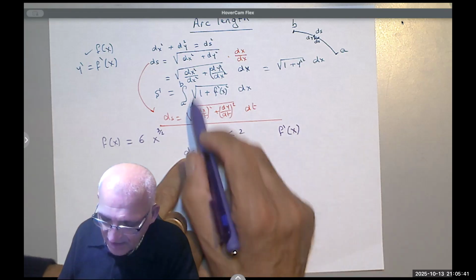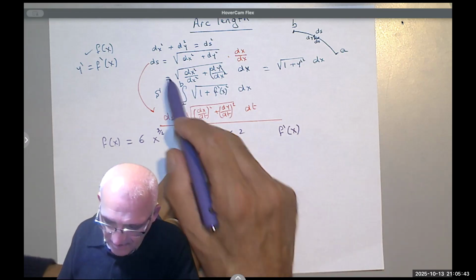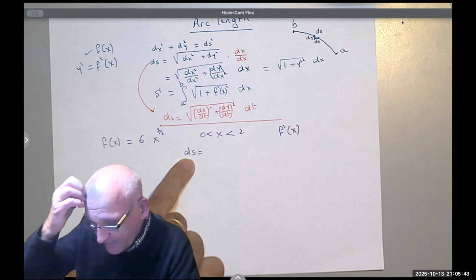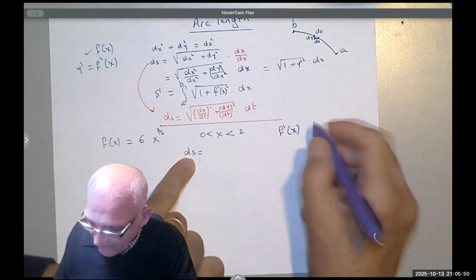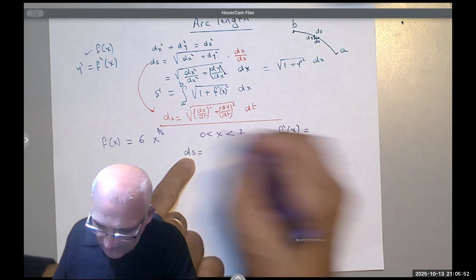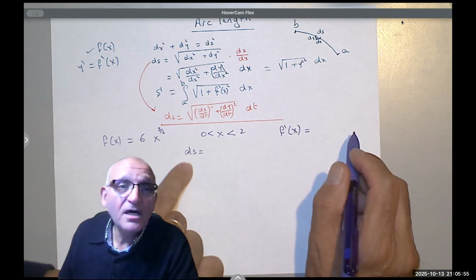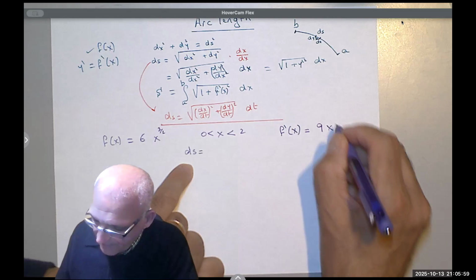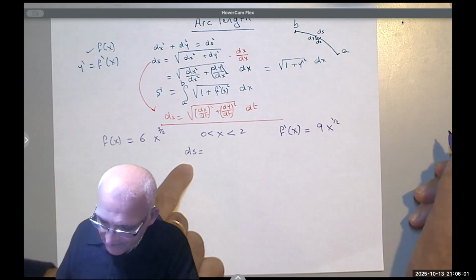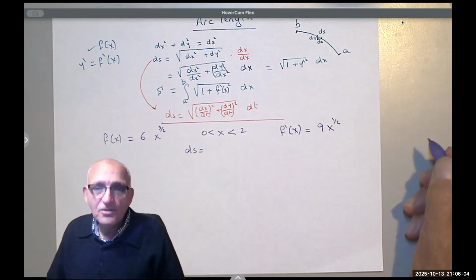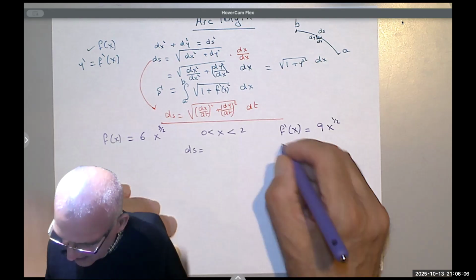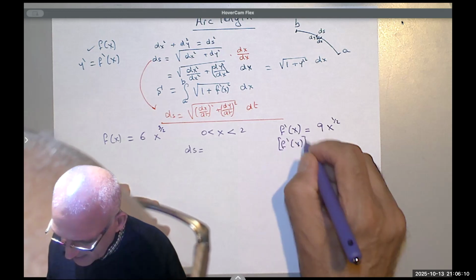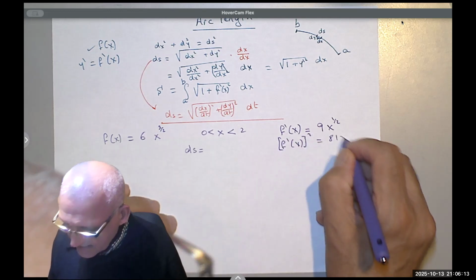Because I'm going to say it's the integral, or at least this is the square root of 1 plus y prime squared. F prime of x is really going to bring down the power. 3 halves times 6 is 9. And then you reduce the power by 1. So you get 9 root x. Meaning f prime of x quantity squared would be 81x.